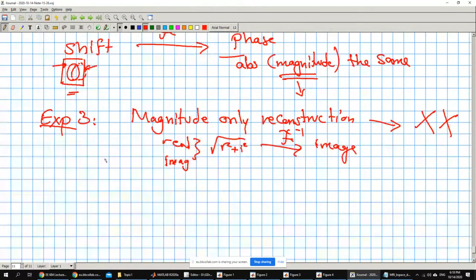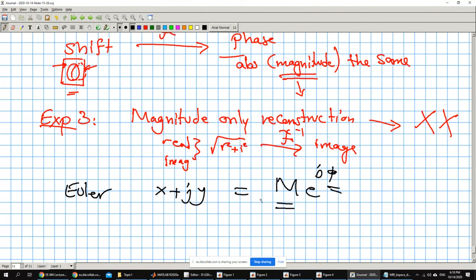The Euler identity, you remember from complex numbers, tells you that x plus jy equals m e to the j phi. So you have magnitude and phase, or real and imaginary. These are the two forms of any complex number.